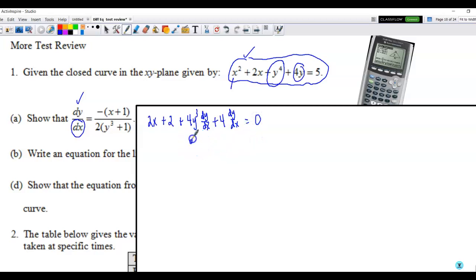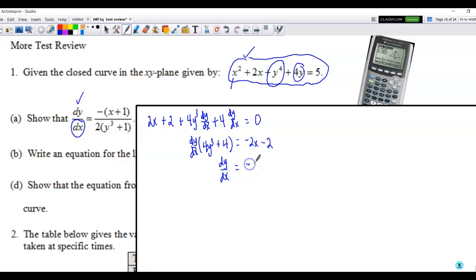So I'm going to factor the dy dx term out of the 4y cubed and the 4, and I'm going to subtract all of the other terms to the other side, so I'll get minus 2x minus 2. Then I'm going to divide both sides by 4y cubed plus 4.